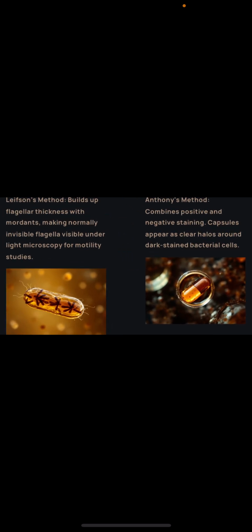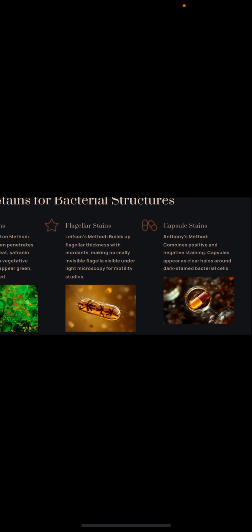And there is capsule stain, as I mentioned before. The purpose of special staining is to detect capsules, endospores, flagella, cell walls, fungal elements. Anthony's method combines positive and negative staining. Capsules appear as clear halos around dark stained bacterial cells.